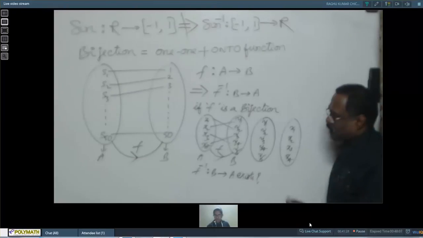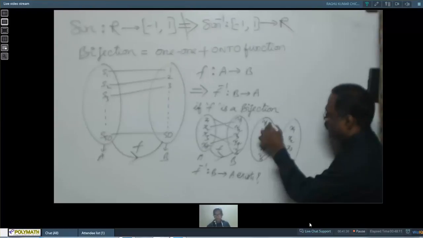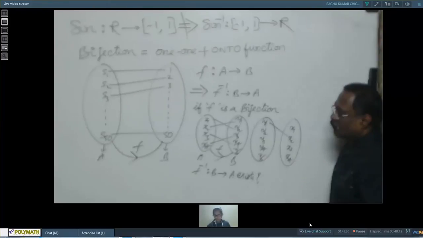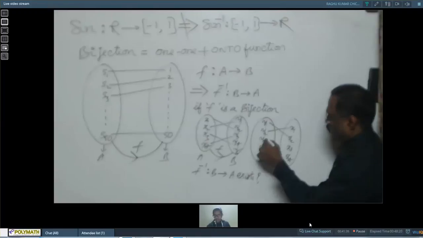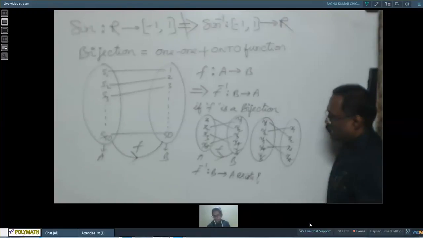Come on, tell me the reverse mapping now. y1 to what? x2. y2 to x1, y3 to x4, and y4 to x3. What about y5 here?